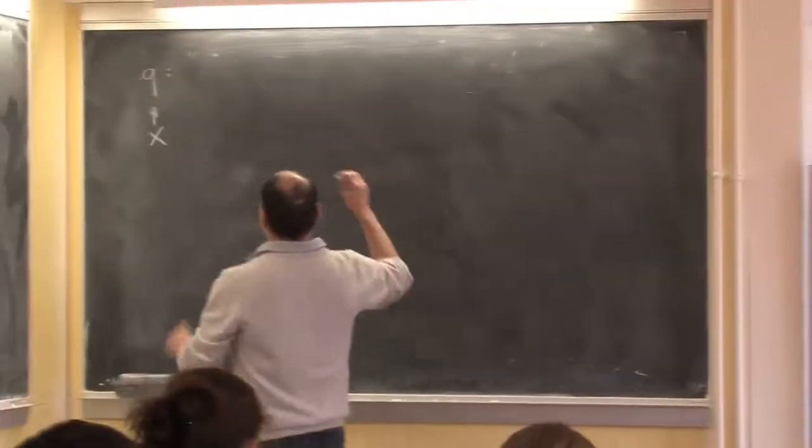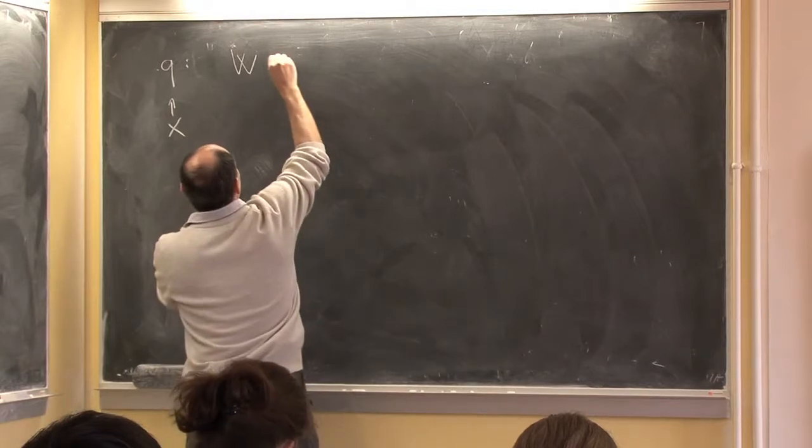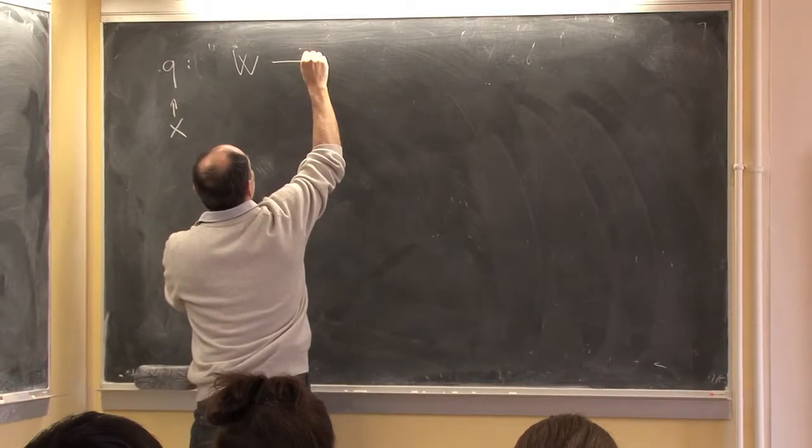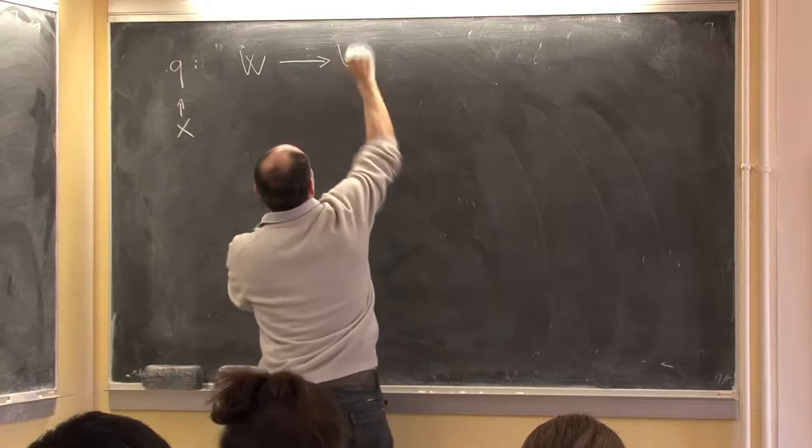So I have just that W that I wrote there. So I have a map from W this way into VQ. That's right.